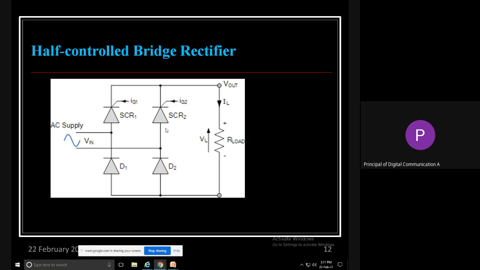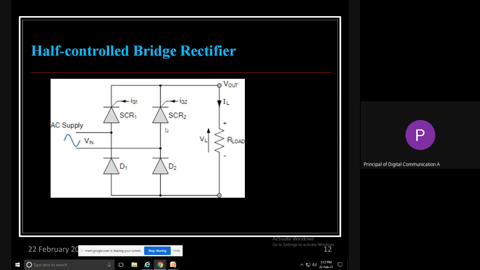The answer is no. It has to wait till the gate current IG1 is received. So when this current IG1 is received by SCR1, at that time only the current is going to flow in whatever the direction I told right now, that is SCR1, load and D2.